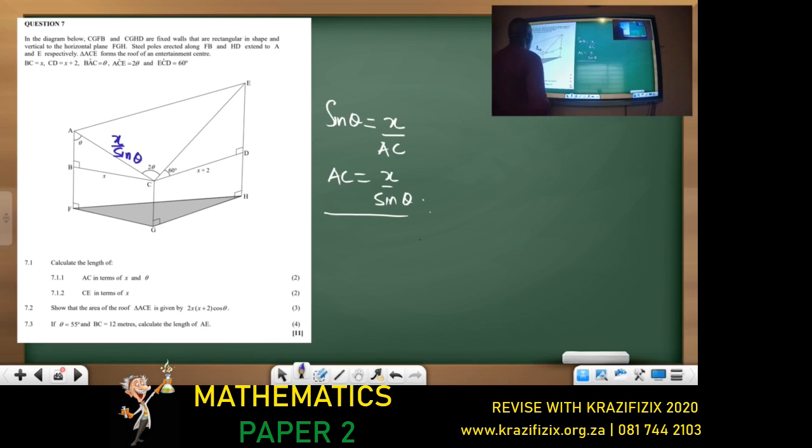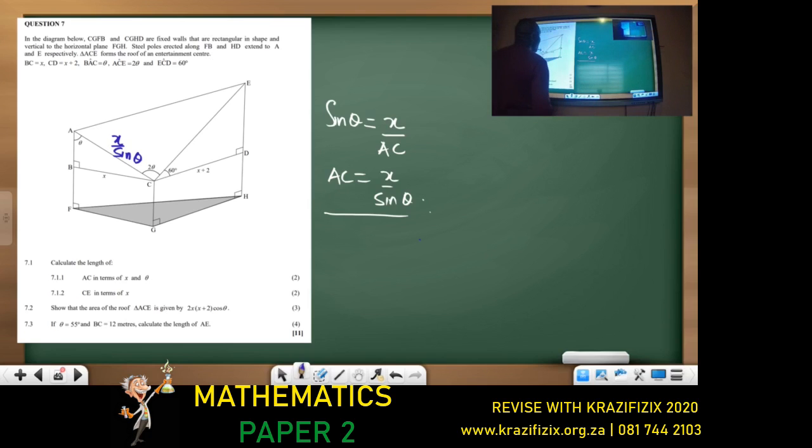You need to remember your sine rule, your cosine rule, and your theorem of Pythagoras. But in this case, what do I have? I've got x over sine theta, and I've got angle ACE as what? 2 theta. Very important stuff.